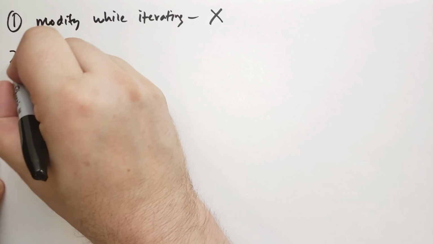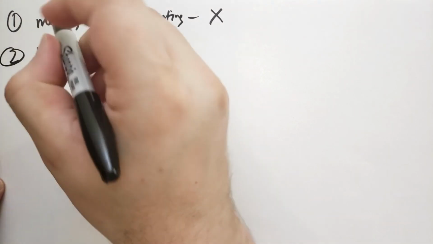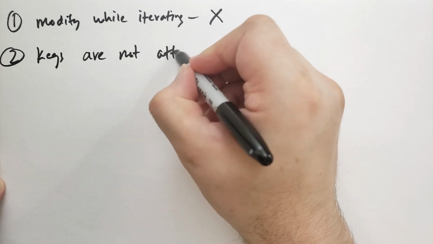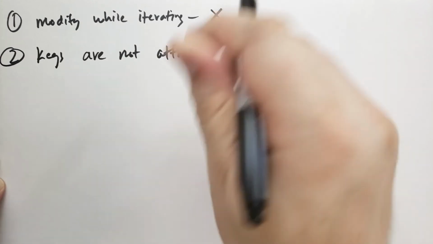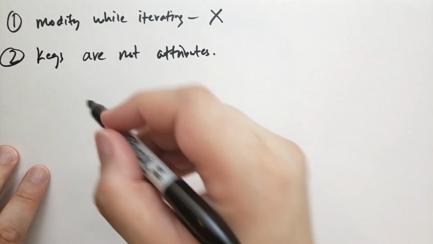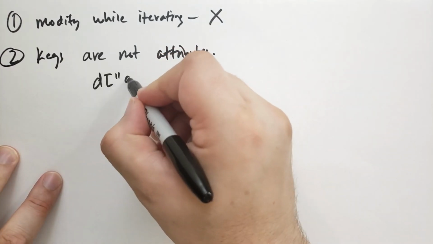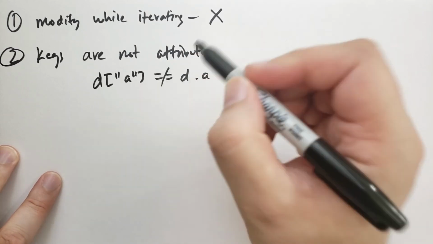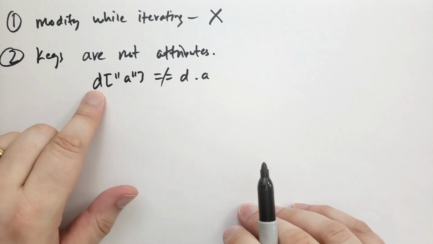Another thing is that some people get confused, especially coming from certain languages. Keys are not the same as attributes. We'll talk more about this when we get to object-oriented programming, but sometimes people see this kind of syntax and think that that's the same as this, but it's not. There's a difference between what's happening here and here.